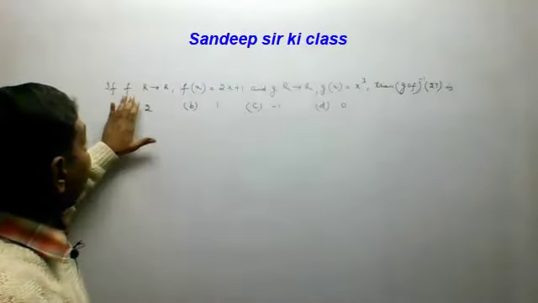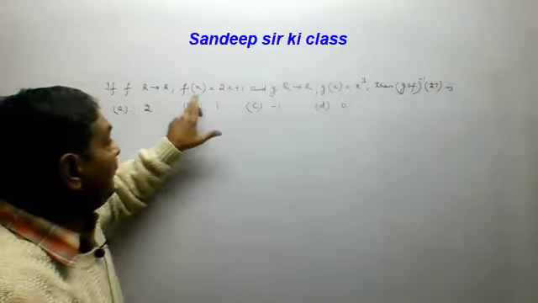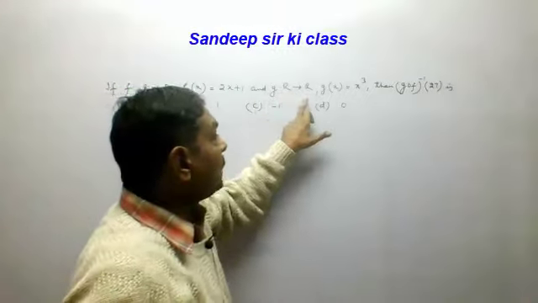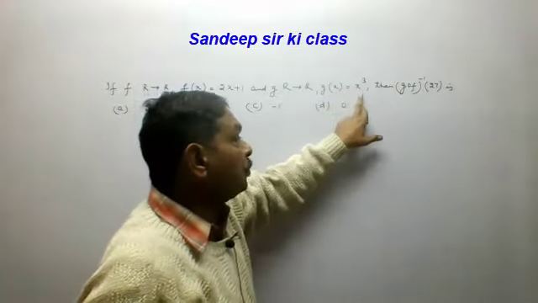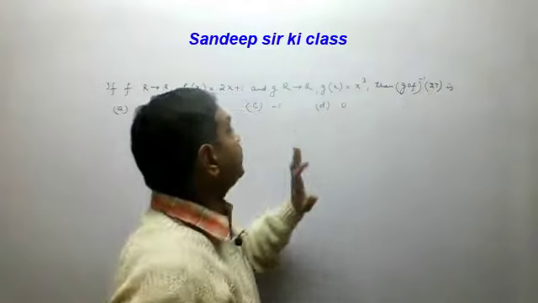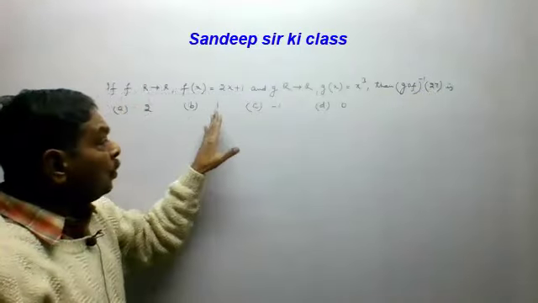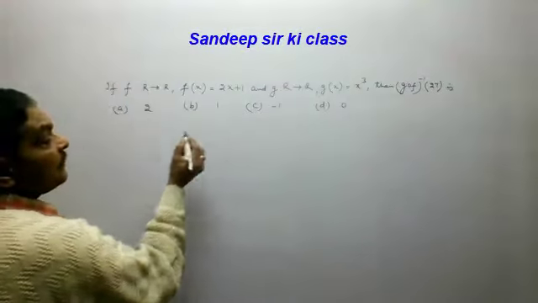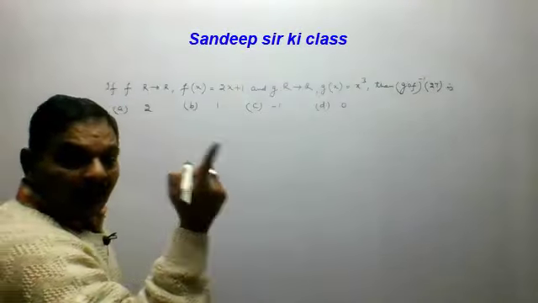Question is, if f: R to R, f(x) is equal to 2x plus 1 and g: R to R, g(x) is equal to x cube, then (gof) inverse of 27 is, options are 2, 1, minus 1 and 0. See, first we will be calculating gof(x).